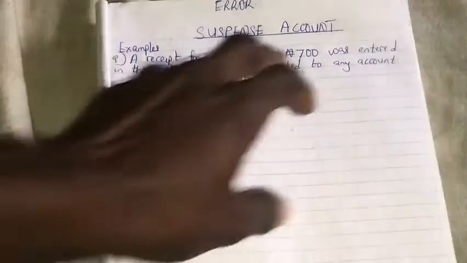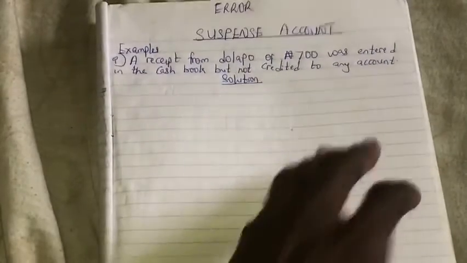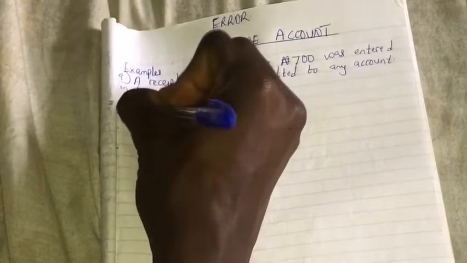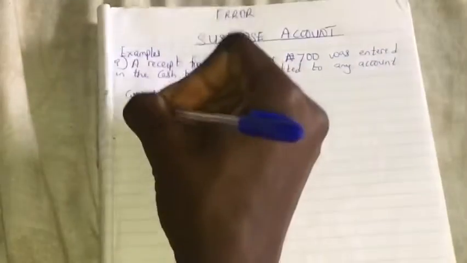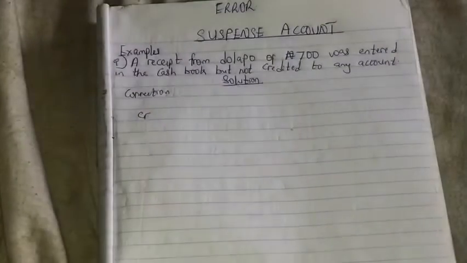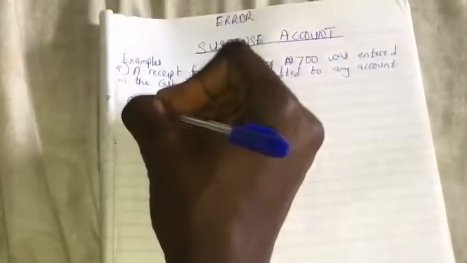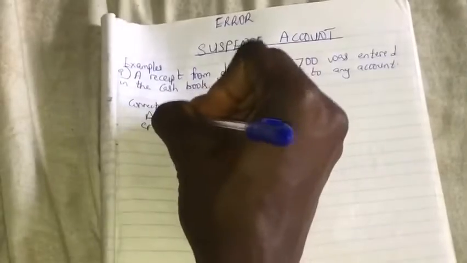So for the correction of an error like this, you have to credit Dolapo. The amount to debit will be our suspense account.